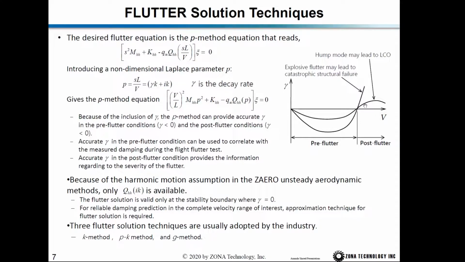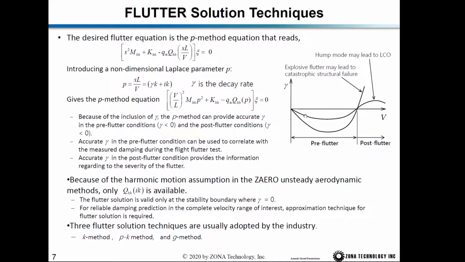Of course, the primary interest in Flutter analysis is to search for the flight condition where gamma is zero, that is the condition where Flutter occurs. However, if we have accurate damping in the pre-Flutter condition, we can use that to correlate with the measured damping during flight test.